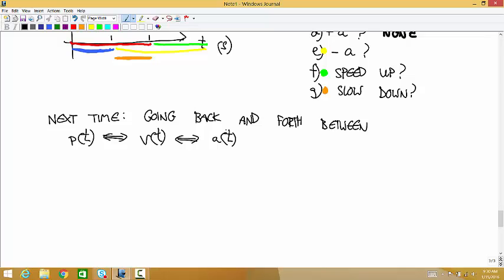I mean, we've already talked about how to go one direction, right? If we have the position function, take a derivative to get to velocity, take another derivative to get to acceleration. But we haven't yet talked about how to go in the other direction. What operation would you assume that you use? Yep, we're going to have to integrate to go in the other direction.